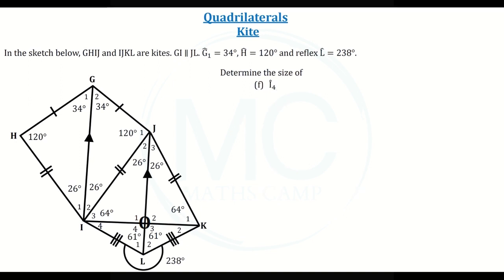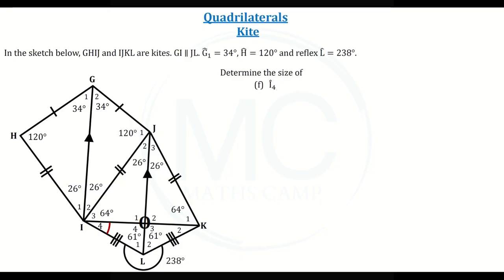Finally, part F says determine the size of angle I4. Let's start by making I4 red. Now, there are a few different ways that you can use to find the size of an angle. The most important thing to remember is to always use the simplest way and work with what you've been given.